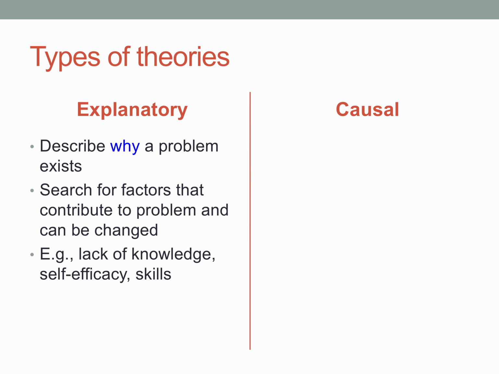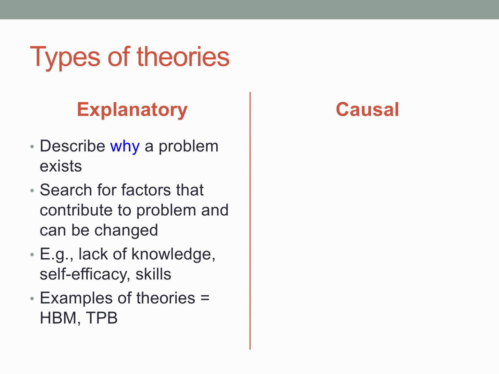Maybe people don't know how to use a condom correctly, and thus we see a spread of HIV or other STDs. Maybe people don't know about PrEP. Maybe people don't know that undetectable means untransmittable. Maybe people don't know how to do certain things, and thus we can measure this and see whether or not these factors, these independent variables that might help explain a problem, are things that we can actually change.